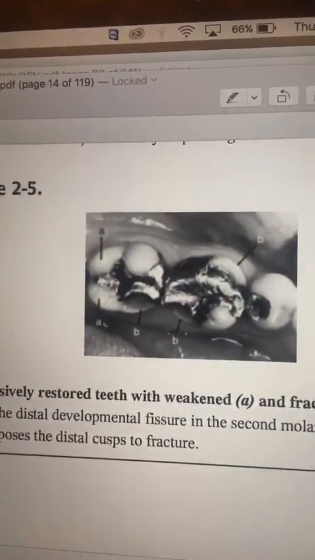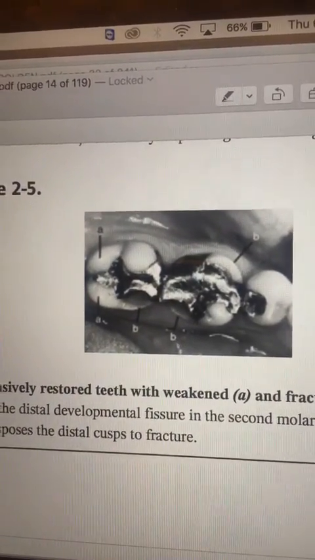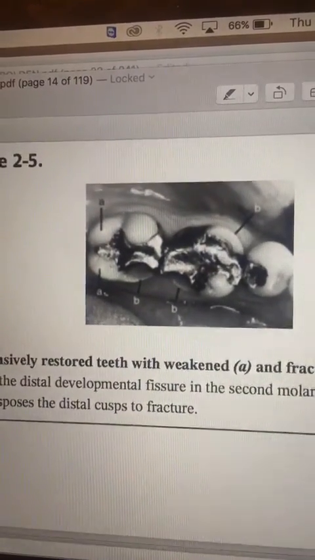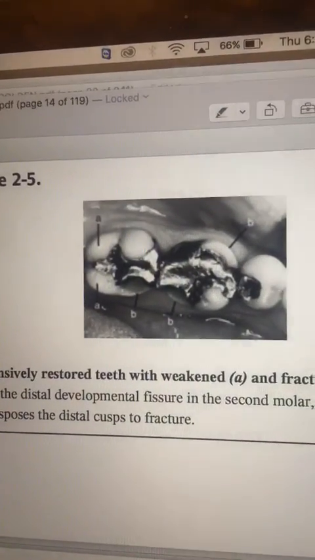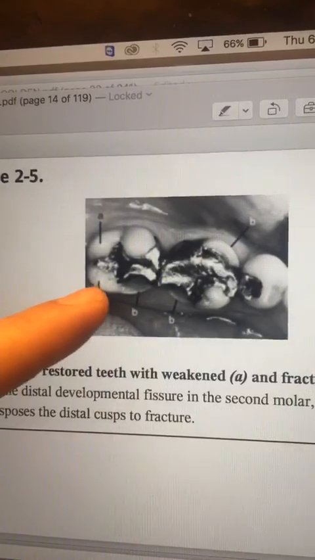Now, an extensively restored tooth with weakened and fractured cusps. Note the distal developmental fissure in the second molar, which further predisposes the distal cusp to fracture.